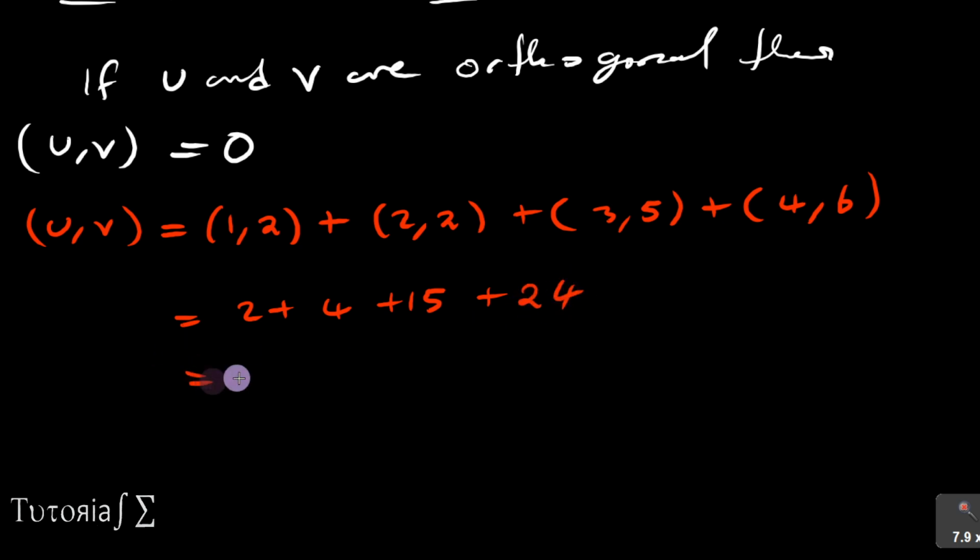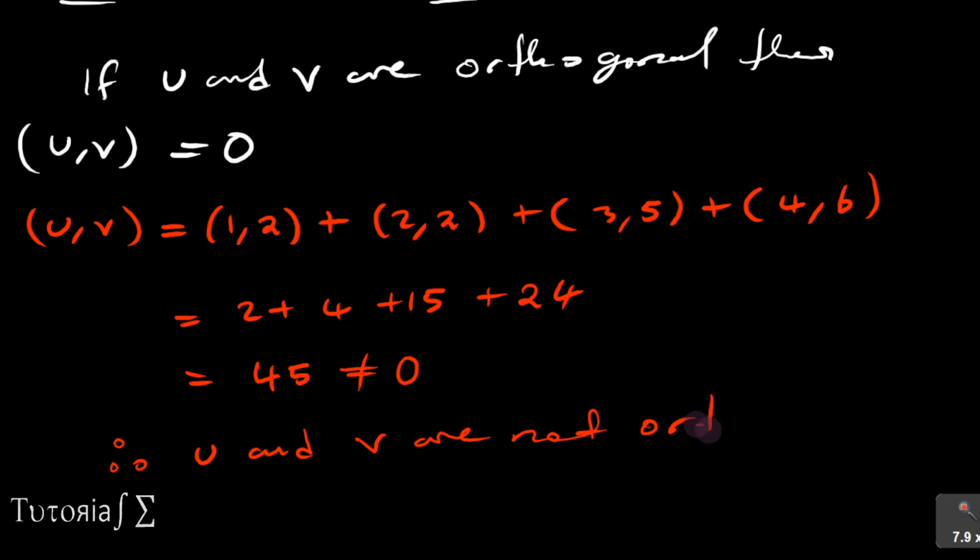Then we add everything up. This will give us 45. So 45, which is not equal to 0, then we say therefore u and v are not orthogonal. Okay, so that is our conclusion.